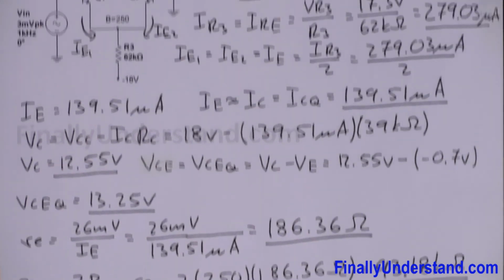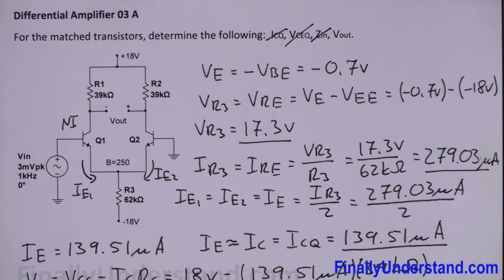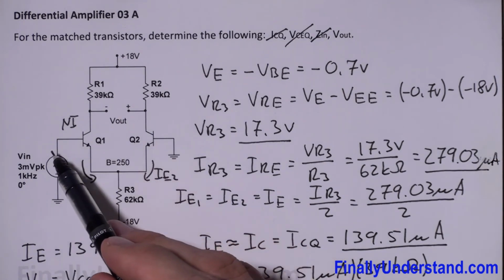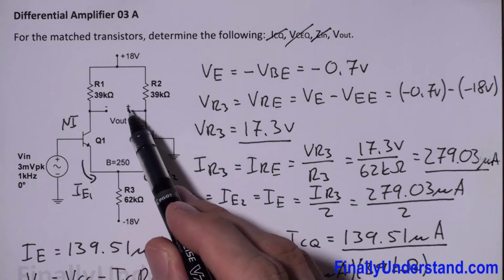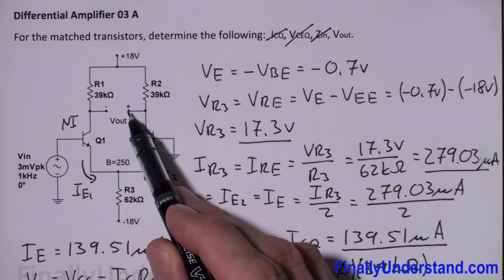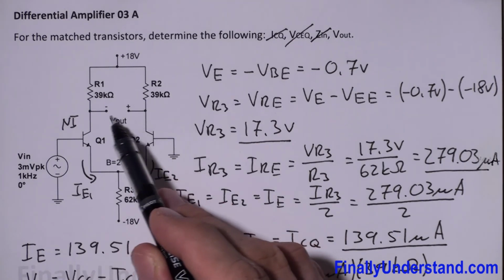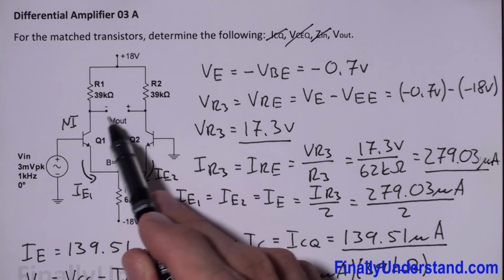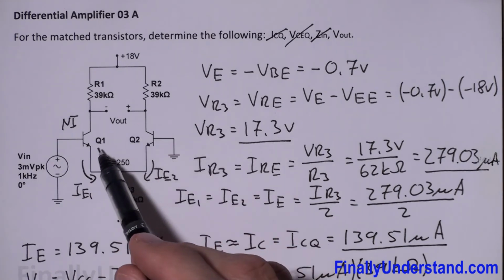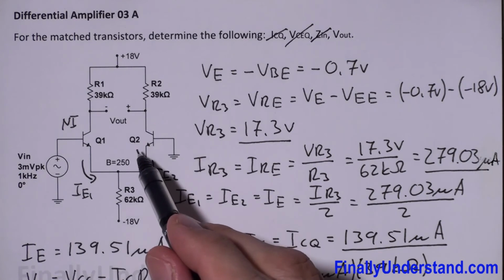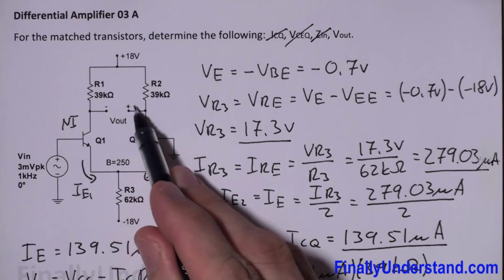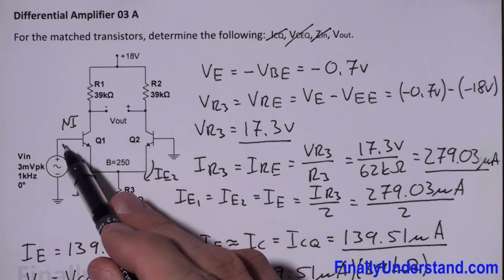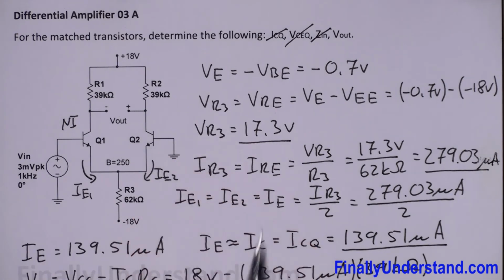We have this formula for the configuration called single-ended input and balanced output, because we are going to get the output from the two collectors of my transistors Q1 and Q2. So this is my differential output, single-ended input, differential output.